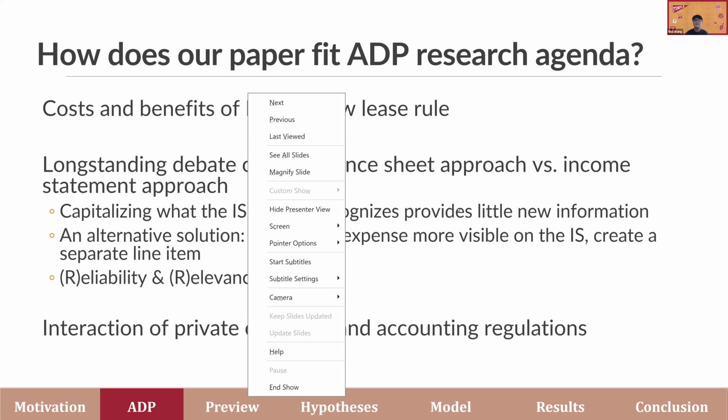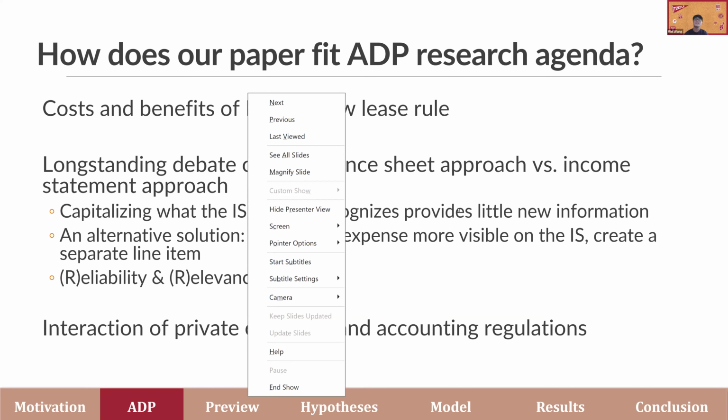And I admit that we don't have enough evidence to say that lenders are making better decisions. We can only see that lenders are not using one item as much as FASB assumed.